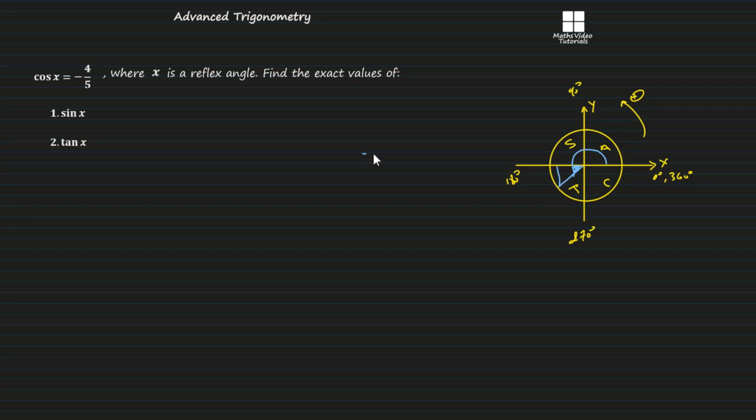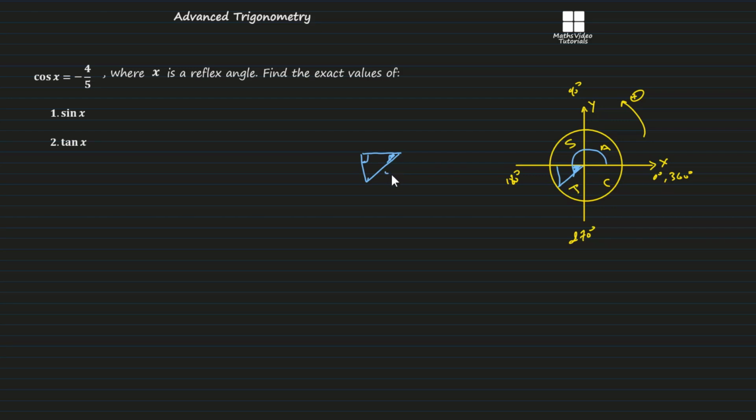So let's draw the right angle triangle here. This is the angle x. So we need to find the adjacent. We've been given the adjacent because cos is adjacent divided by the hypotenuse. Now the hypotenuse is represented by the radius, this one here, and it is 5.